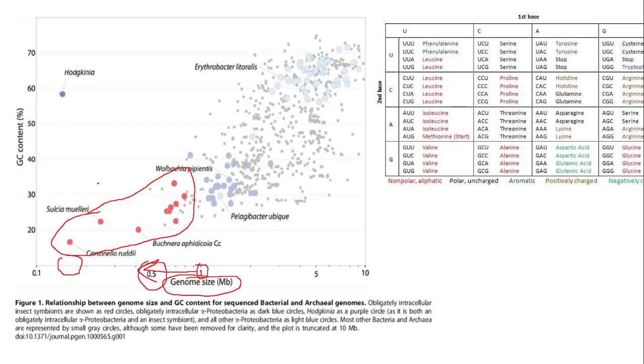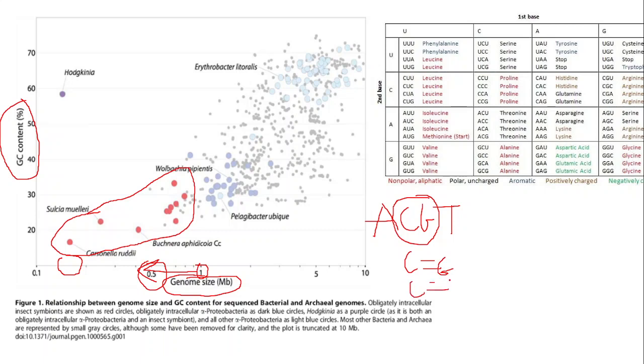The other thing about them is that they have a different GC content. Now, remember I was saying your DNA is A, C, Gs, and Ts. Remember C always pairs with G in your code on the ladder, and A always pairs with T. So that's the typical way that these pair.